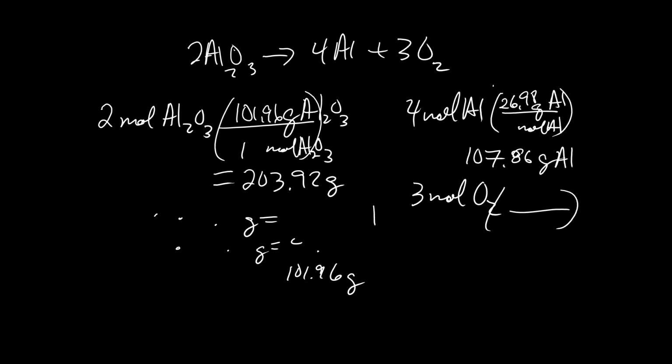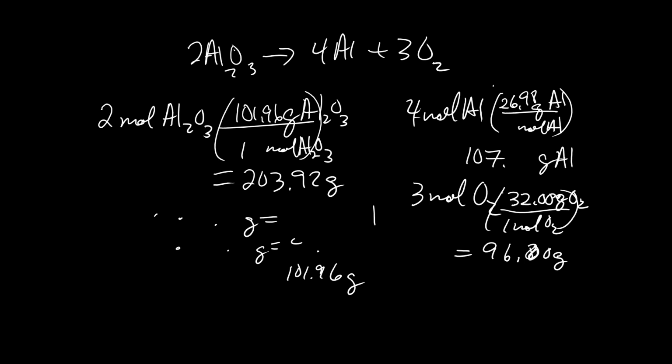3 moles of O2, 1 mole of O2 is 32.00 grams. So that adds up to 96.00 grams. That didn't work out. What did I do wrong here? No, it's got to be a 2 here. That's what's wrong. 26.98 times 4.